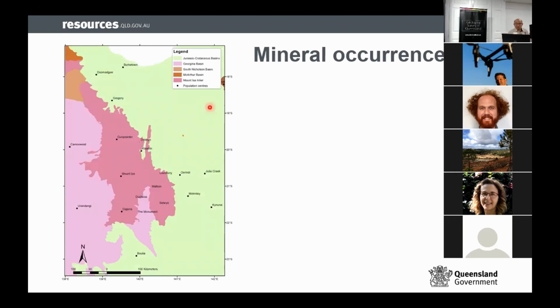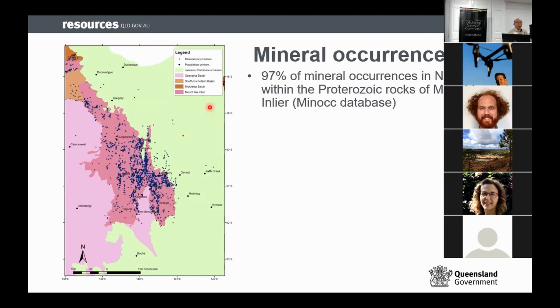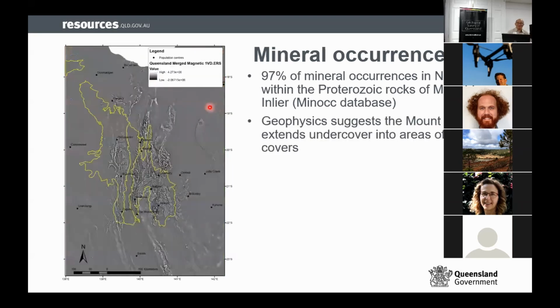There's a similar pattern with the mineral occurrence data. 97% of them occur within the Mount Isa block, and there are very few outside. But the very few outside include huge deposits like Kennington, Ernest Henry, etc., plus the new Ernest Henry that I mentioned there.